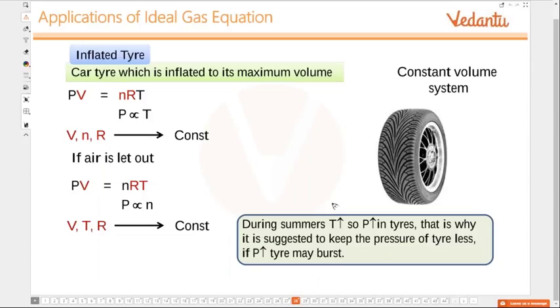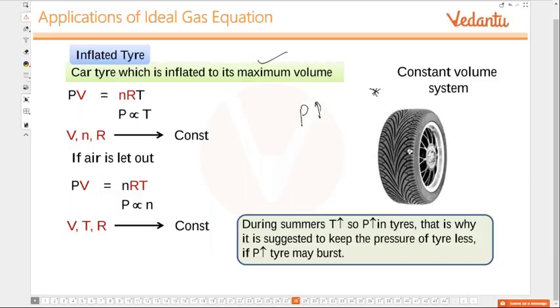Next one is this one. This is an important application because we use it actually during summer. The car tire which is inflated to its maximum volume is this. During summer, temperature increases. So because temperature increases, pressure also increases.